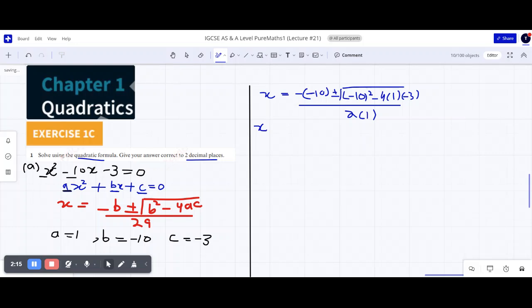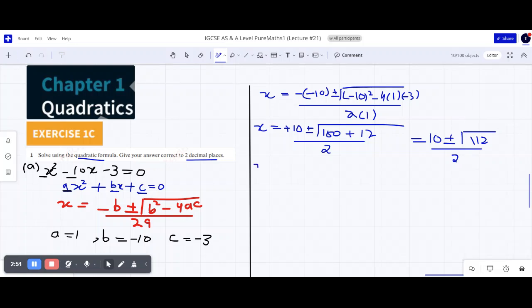So x equals 10 plus minus root b squared, 10 squared means 100, minus minus plus 4 times 3 is 12, divided by 2 times 1 is 2. Now it would be 10 plus minus root 112 divided by 2.